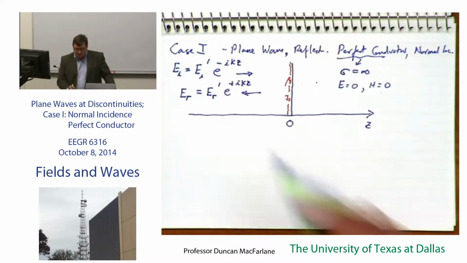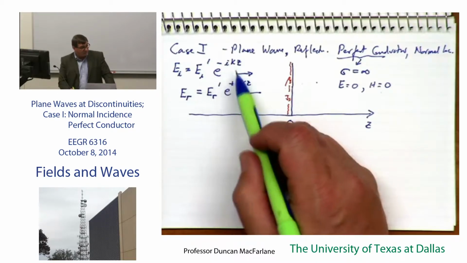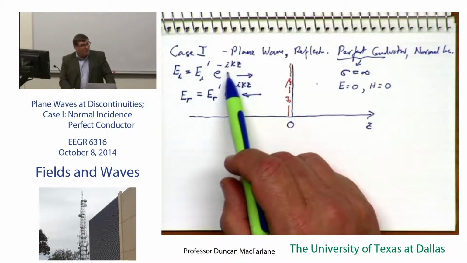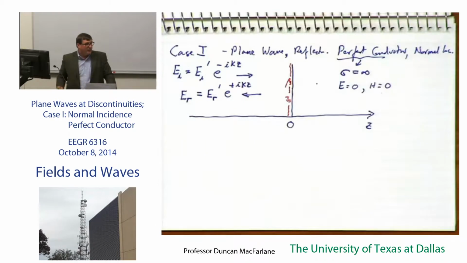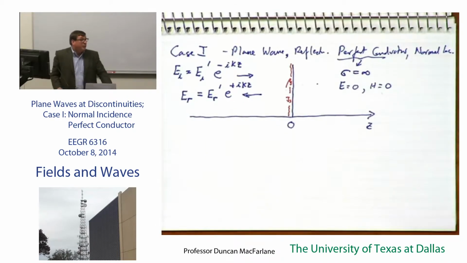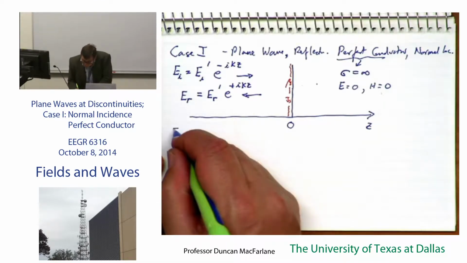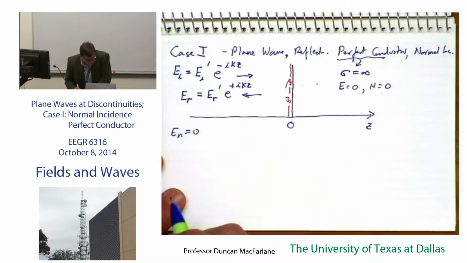By definition of the plane wave. The plane wave moves in the z direction, therefore its polarization is in the x direction or the y direction. And both of those are tangential to the surface. There's no z component, there's no normal component to that. So E normal is equal to 0.